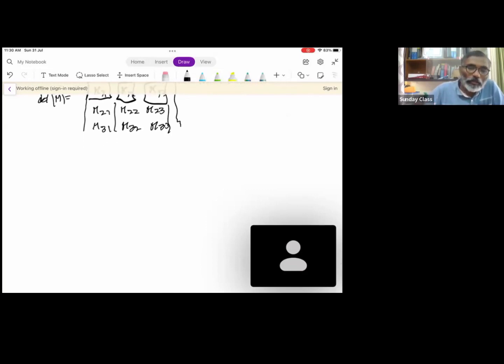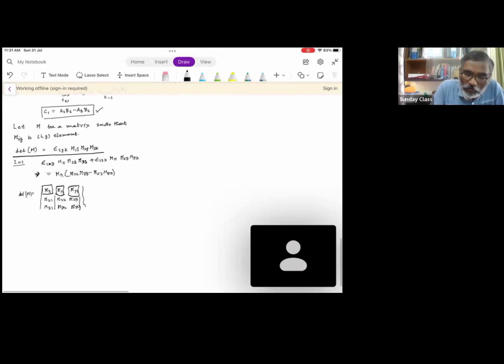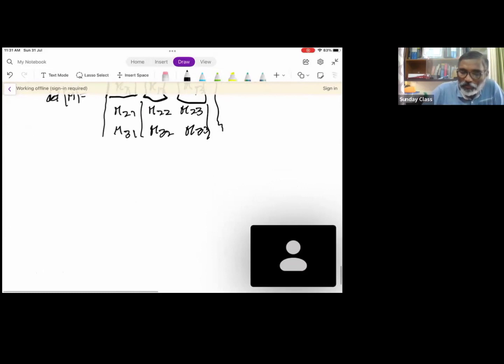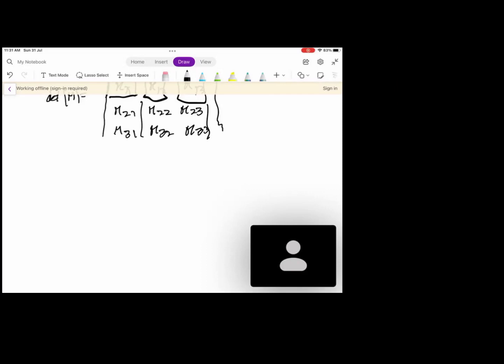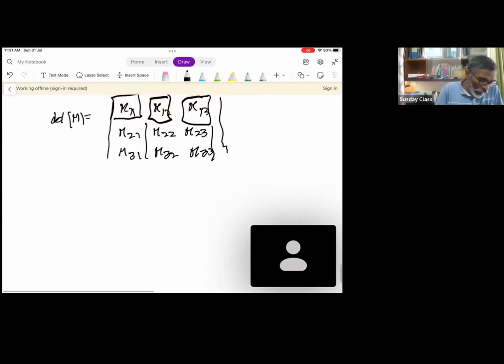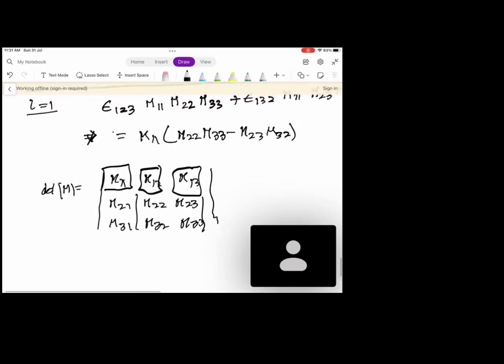If you say that I have a bunch of 9 components, can I call that a tensor? You cannot call that a tensor. Even though a second rank tensor can be written like a matrix, not every matrix is a tensor. Correct? There are certain transformation properties that this should satisfy to qualify to be a tensor.